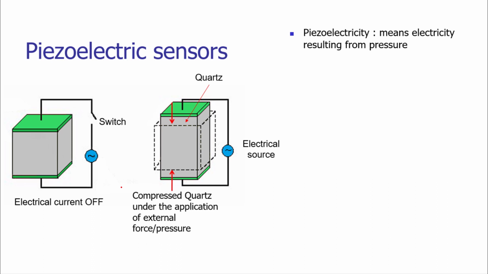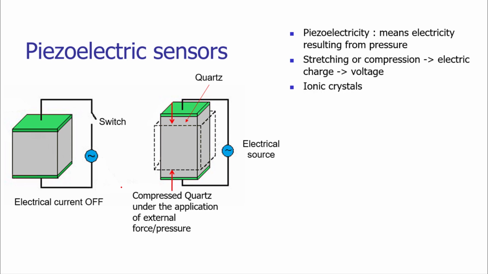There are certain materials that, when we apply a compression force on them or when we stretch them, develop an electric charge, and that electric charge will generate a voltage. The voltage generation is proportional to the force or the pressure being applied.